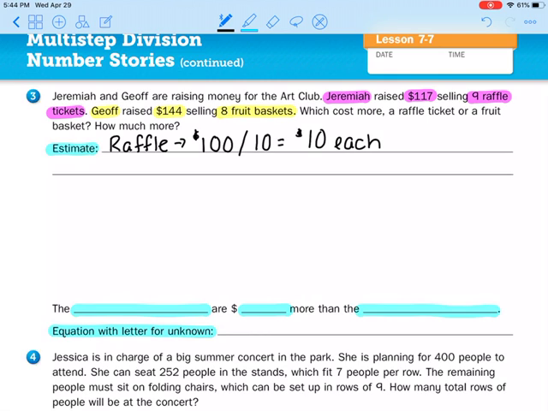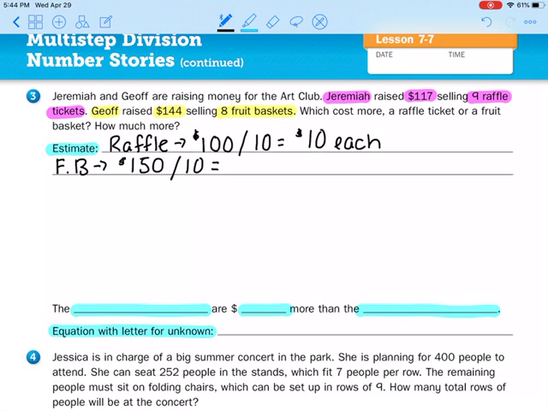Okay, so now we're going to do the same thing with the fruit basket. So I'm going to put FB for fruit basket. So Jeff raised $144, which is close to $150. So I'm going to round up to $150 by selling 8 fruit baskets. Well, 8 is close to 10, so I'm going to divide it by 10 to figure out how much each basket costs about.